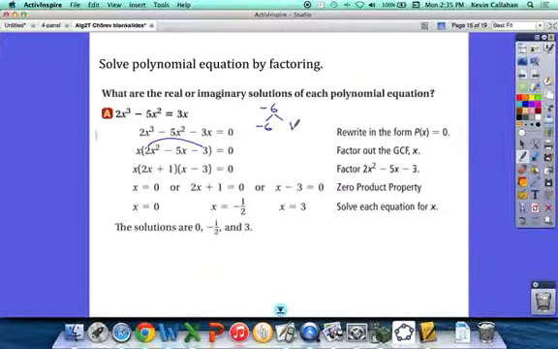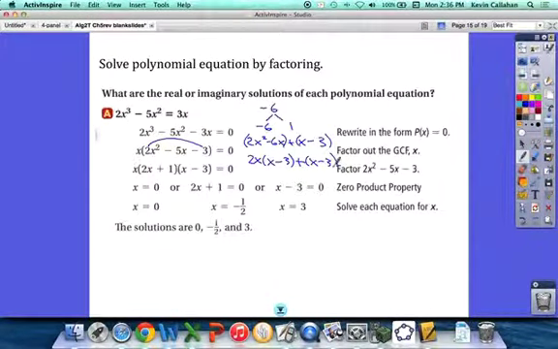Now, they have skipped 2 or 3 steps, depending on how you write it, to get from here to here. But remember how we do that. We go 2x squared minus 6x plus x minus 3. We group the first 2, we group the last 2, and then we do greatest common factor on this set of parentheses. 2x times x minus 3 plus x minus 3.